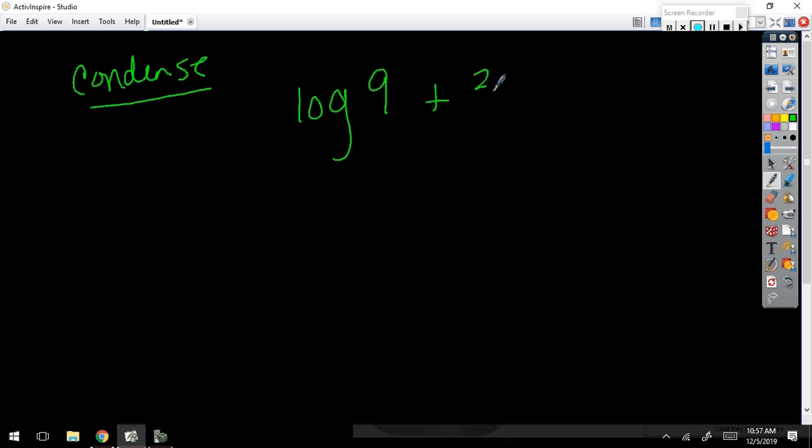Let's do a condensing one. Now on these, what you want to do is the exponents first, and then go left to right, no more than 2 at a time.